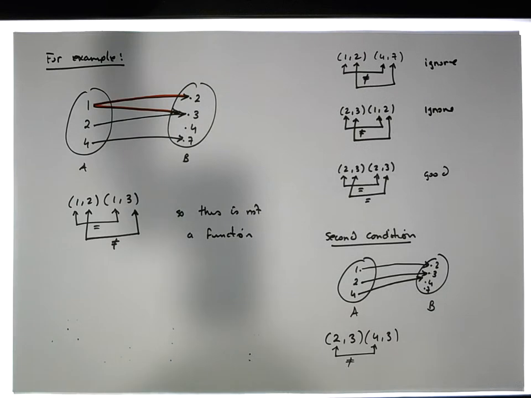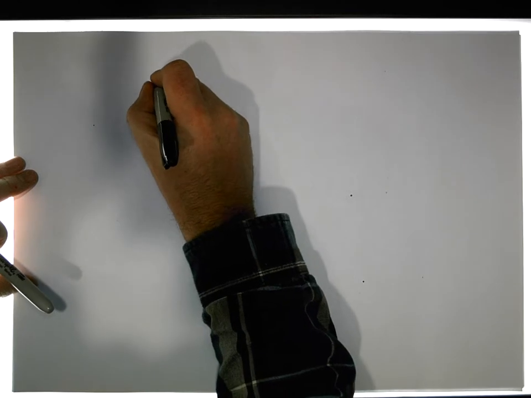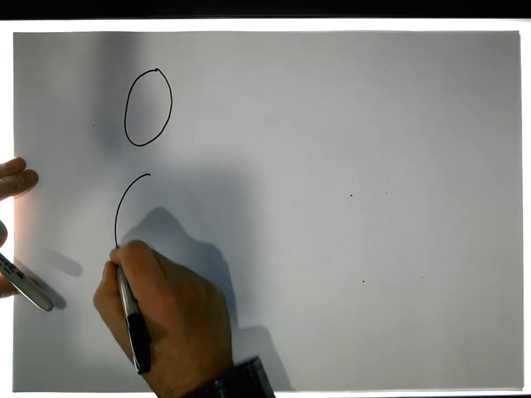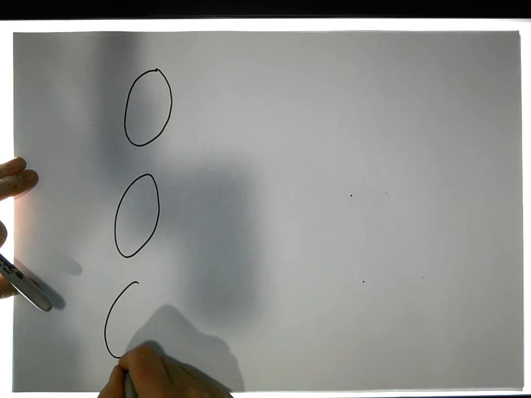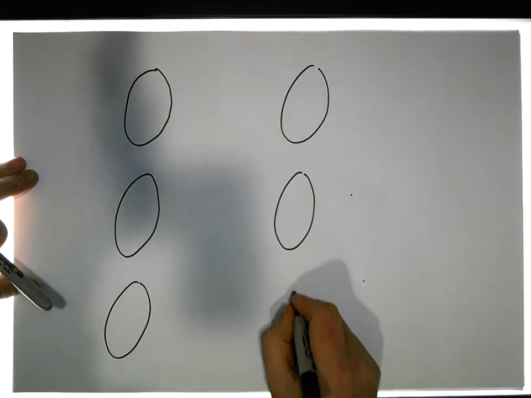Now I'm just going to finish up in a moment because I want to define what we mean by the domain, the codomain, and the range. So let's have a look at some examples. I'm going to have 3 examples of mappings.